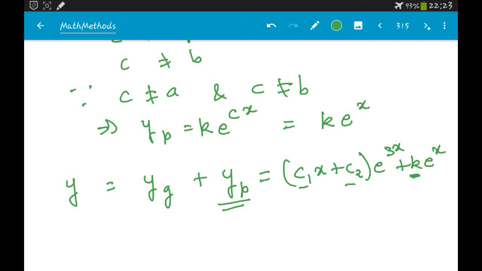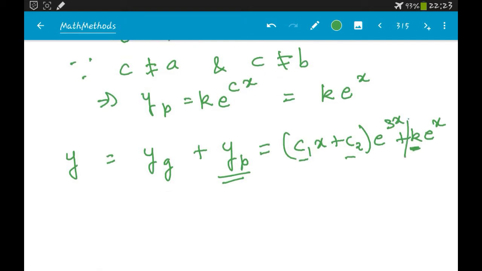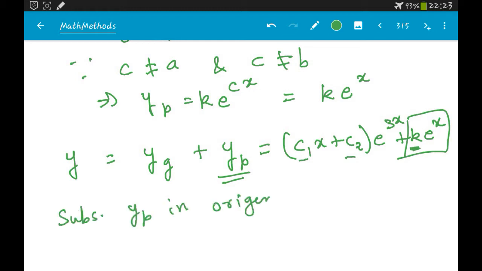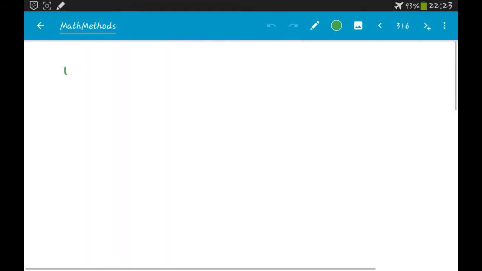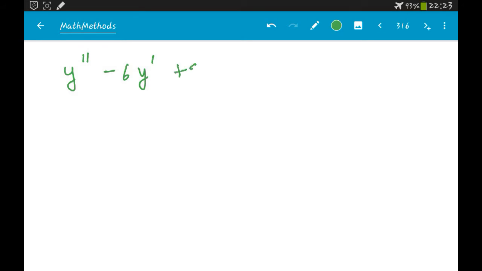Let's see. What we'll do is substitute yp in the original equation to find k. The original equation was y double dash minus 6y dash plus 9y is equal to 8 e power x, and yp is k e power x.